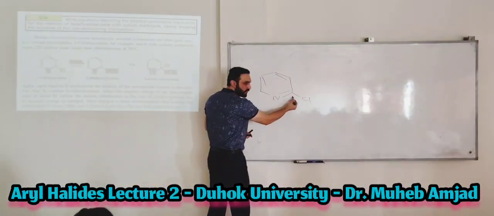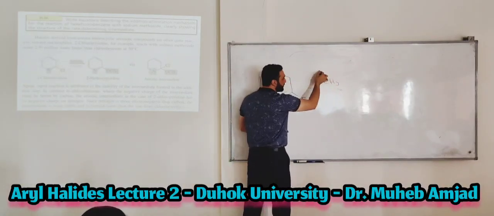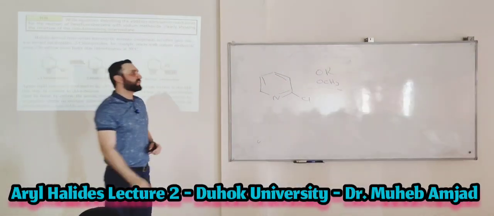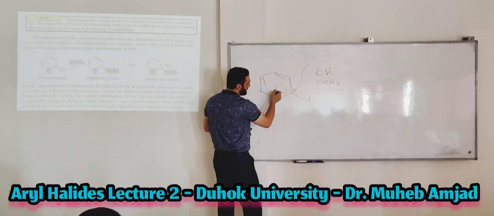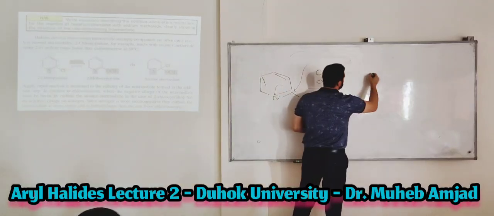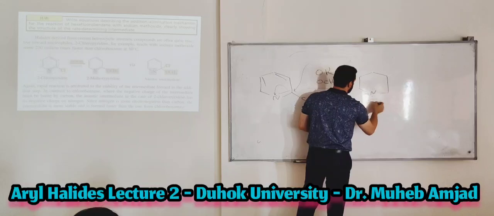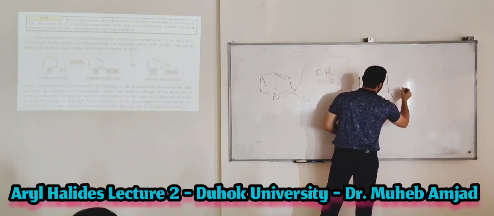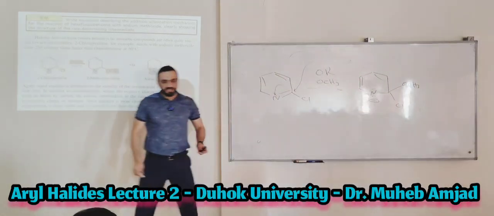It reacts with OCH3 or OR, any strong nucleophile, and the addition happens and gives you a negative charge on the nitrogen. It gives you this intermediate: nitrogen negative, and here we have chlorine and OCH3 or OR. This is the intermediate. Where is the negative charge?